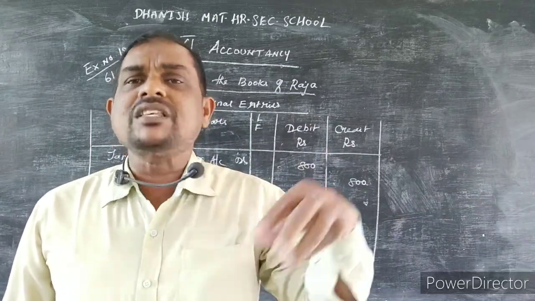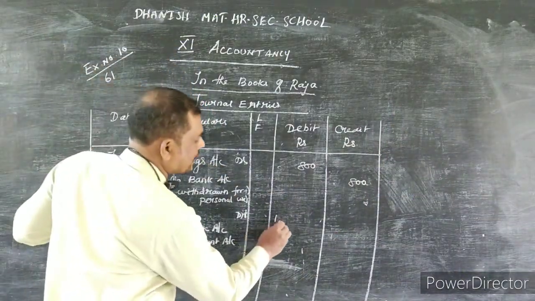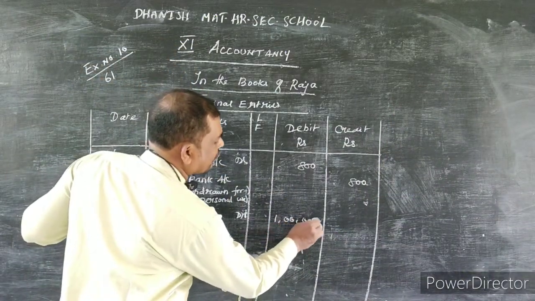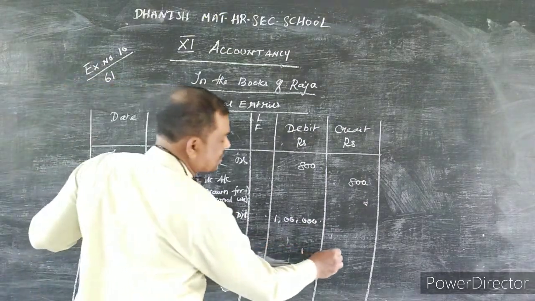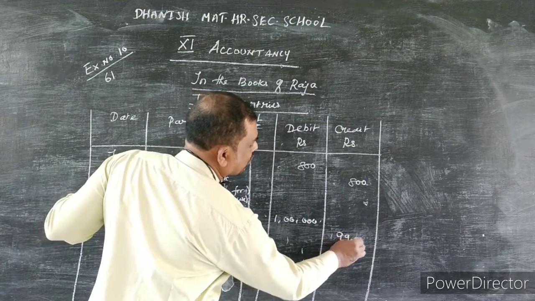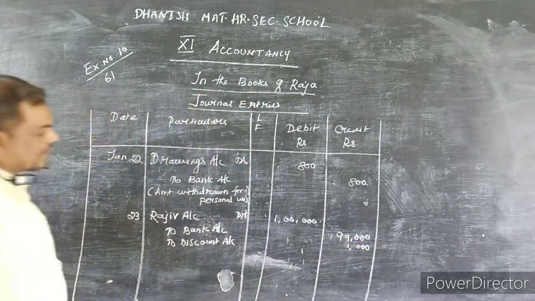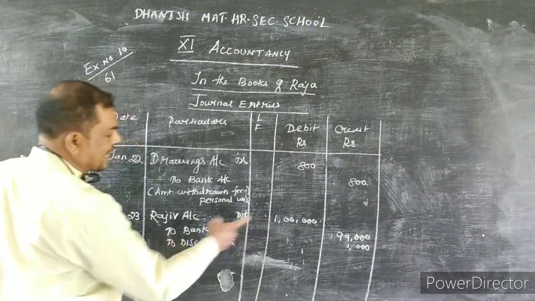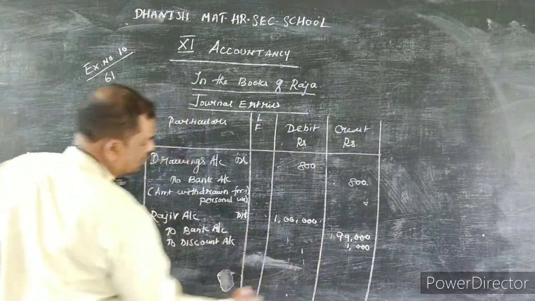So that 1,000 rupees is also included in the total amount. I am repaying him 1 lakh rupees, but discount allowed is 1,000, and the balance 99,000 I am giving as bank payment. So Rajiv account is 1 lakh, bank account is 99,000, discount received is 1,000 rupees.